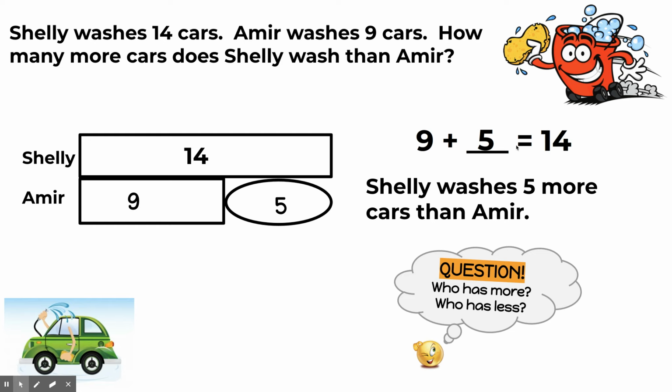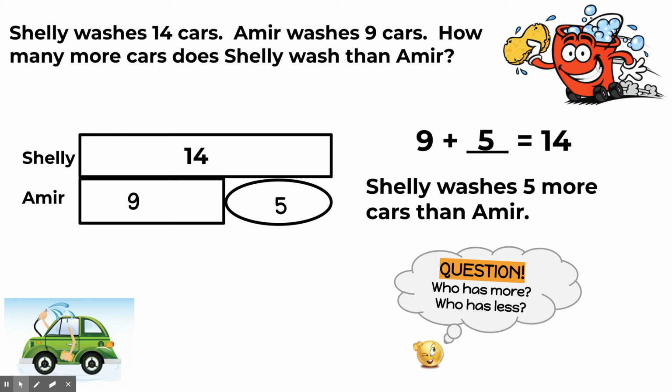Now, because I was missing a part, I could have subtracted. I could have said 14, the total, minus 9, the part I know, equals 5. So any way you'd like to do it, but you need to find out the oval, or the more than or less than. And also notice that I can either write a label, 5 more cars, or I can write a full sentence.